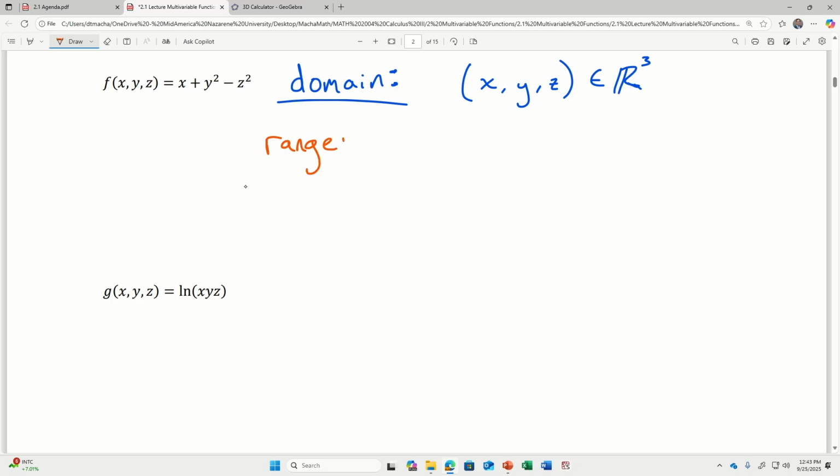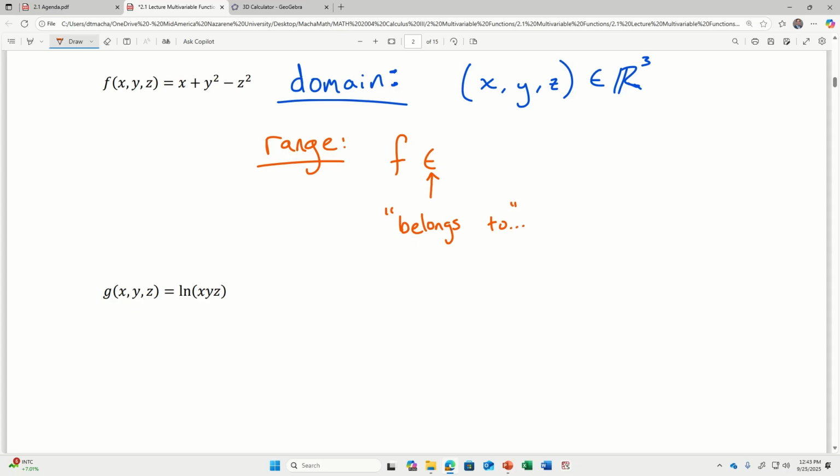What about my range? And by the way, I don't know if the symbols I'm using make any sense. If you ever have a question about what I'm writing, just raise your hand and ask me. But if you see this weird little symbol, when you read it out loud, say the words "belongs to."